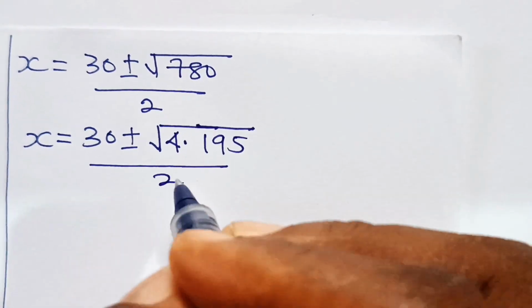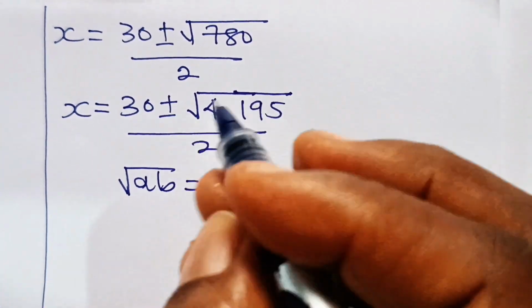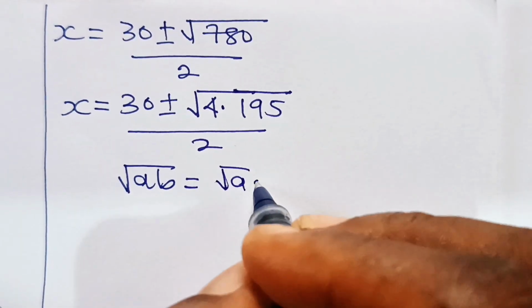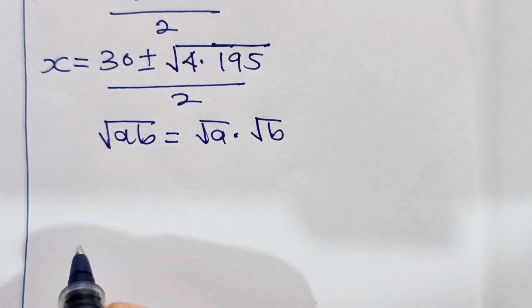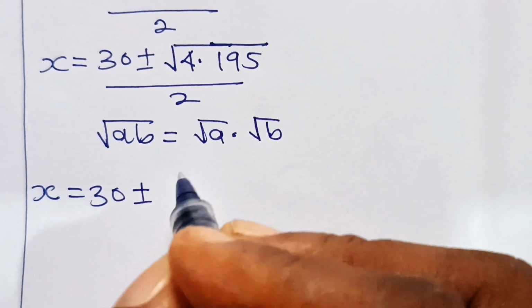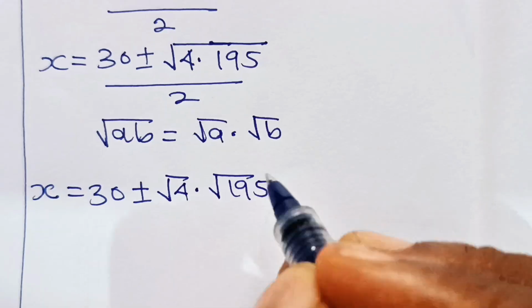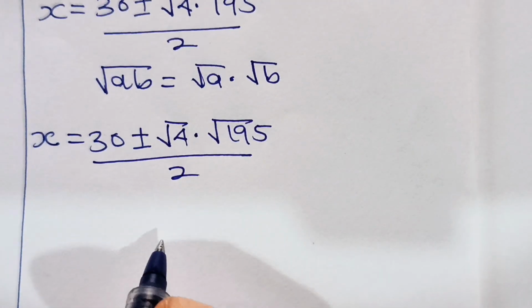When you have the square root of a multiplied by b, it is equal to the square root of a multiplied by the square root of b. So we can write x as 30 plus or minus the square root of 4 multiplied by the square root of 195, everything divided by 2.